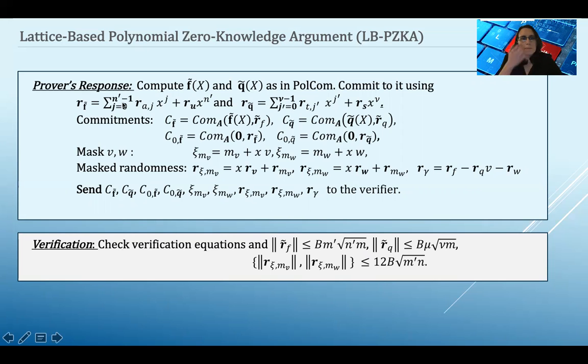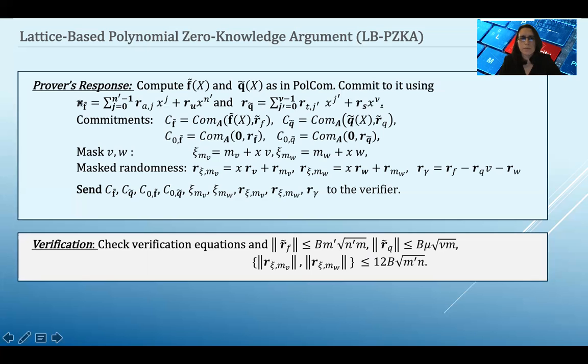And then it computes the corresponding randomnesses. So the prover will need to commit now to these polynomial vectors f tilde and q tilde. So it first computes the corresponding randomnesses by collecting the randomnesses of the corresponding row commitments.